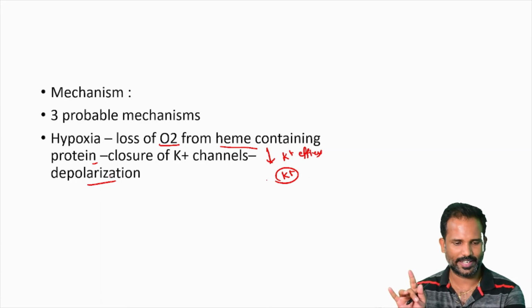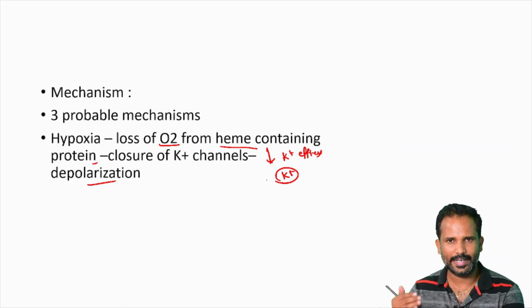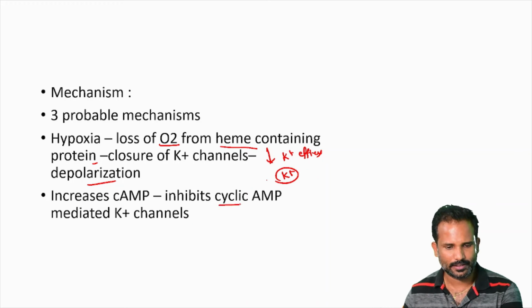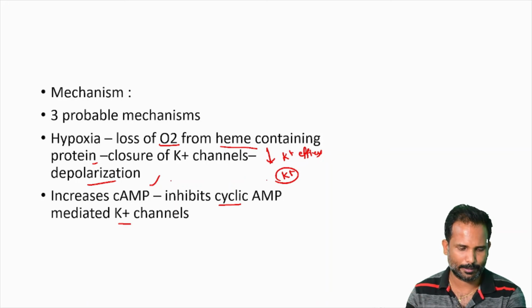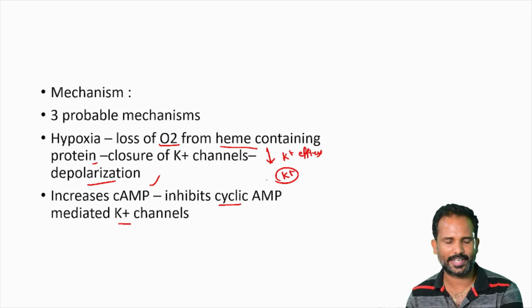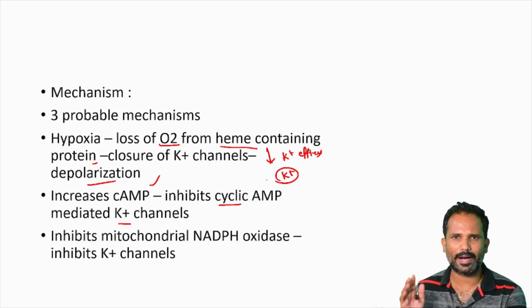Another way is that it inhibits the cyclic AMP mediated potassium channels by increasing the cyclic AMP, so again K plus closure. Or it inhibits mitochondrial NADPH oxidase, which again inhibits the potassium channels.